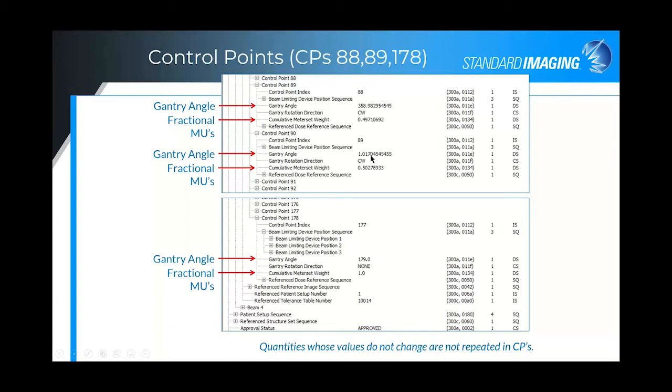And the fractional increase in monitor unit is from 0.497 to 0.502. And then finally, if you move down to the last control point, you can see that the monitor unit fraction is complete and of course is specified as 1, and your gantry angle stops at 179 degrees.